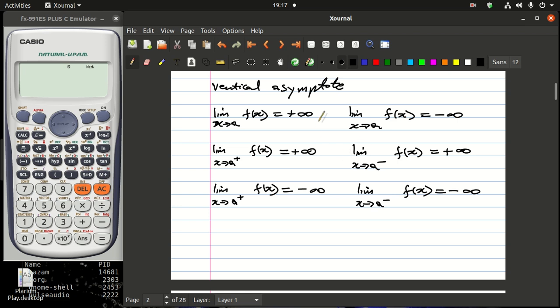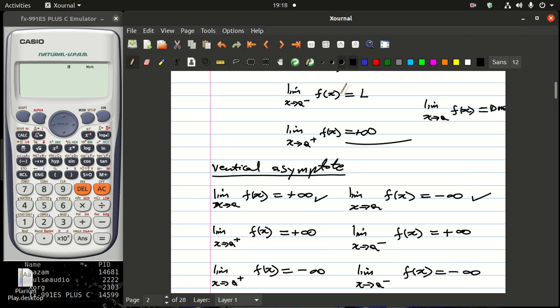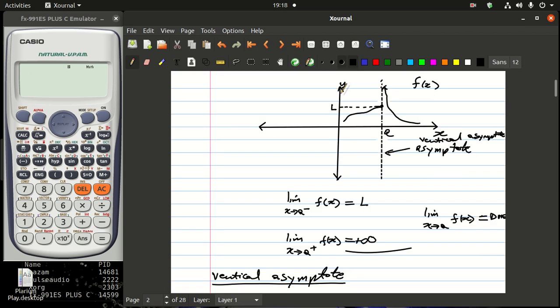Look into this. If either this happens, then there is a vertical asymptote. If or this happens, but that is not happening, as long as one of these things happens, then you must know that you have a vertical asymptote. That's actually how we know that there is a vertical asymptote or there is no vertical asymptote.